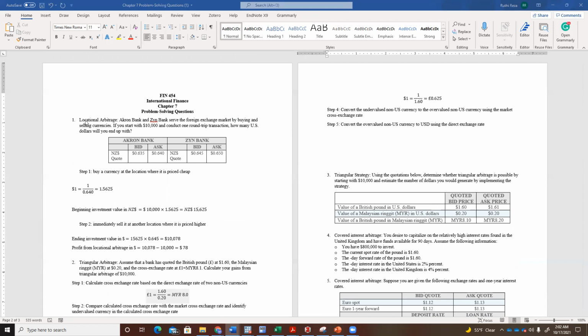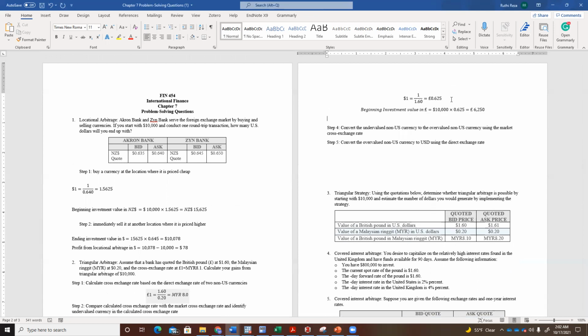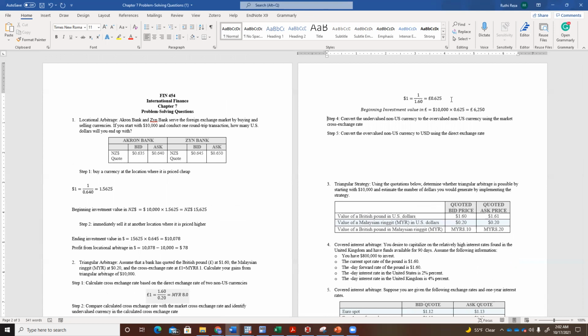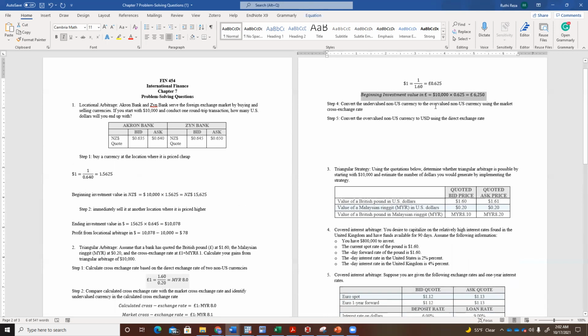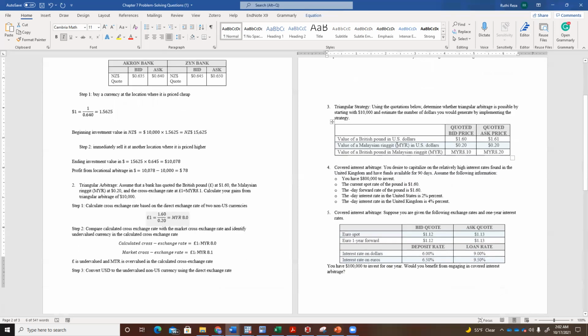Now, using this exchange rate, we are going to convert our $10,000 into pound. So our beginning investment value in pound is how much? $6,250.